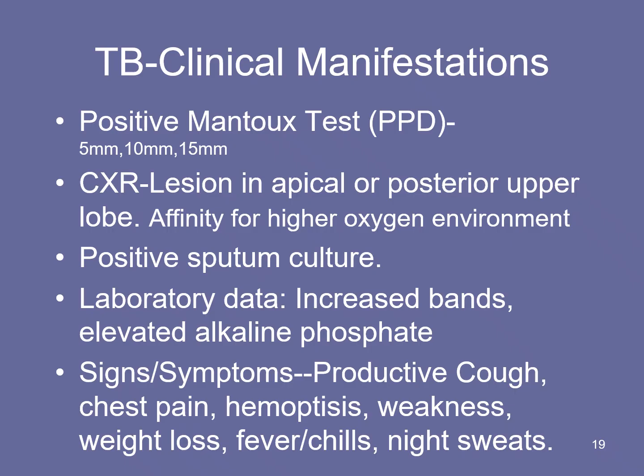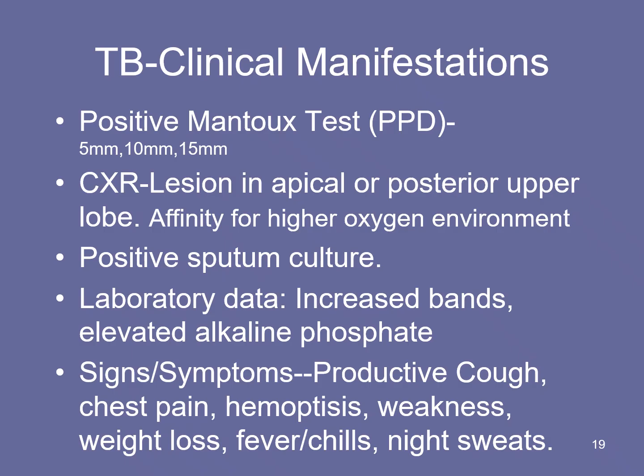The bad news is they're more prone to be vulnerable to diseases like tuberculosis, and hence their Mantoux test may not be 15 millimeters of induration. It may be 5 or 10. So history and physical is very, very important in such patients. On the chest x-ray, look for a lesion in the apical or posterior upper lobe.